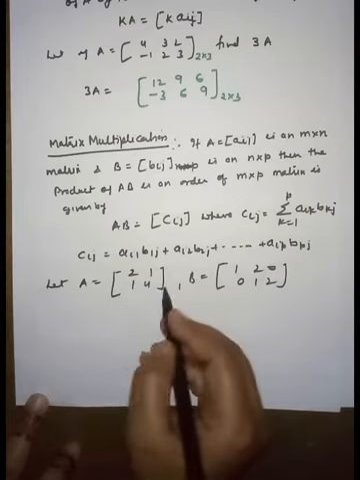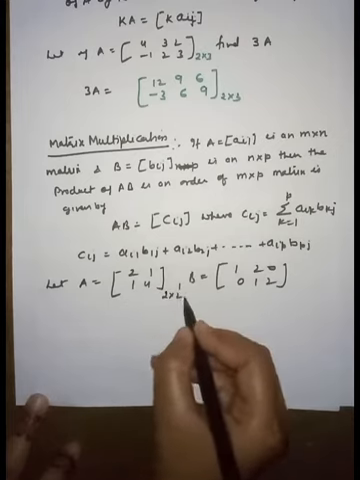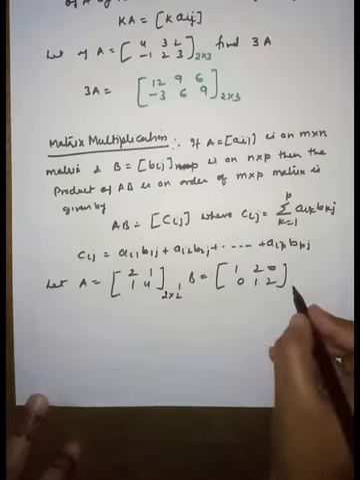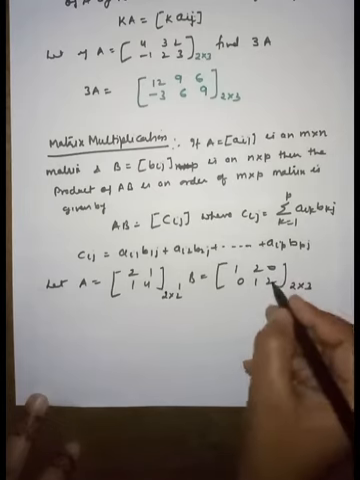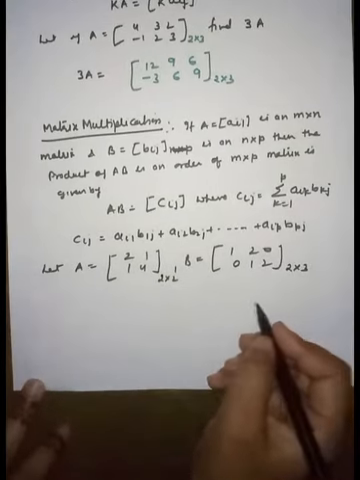Here 2 rows 2 columns, so the order is 2 cross 2, and in this matrix the order is 2 cross 3 because 2 rows and 3 columns, right friend?